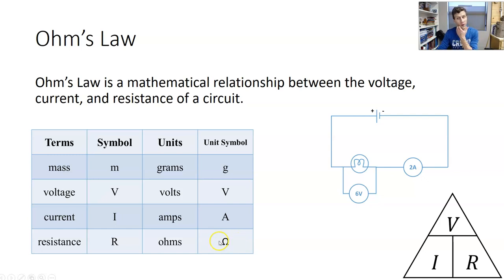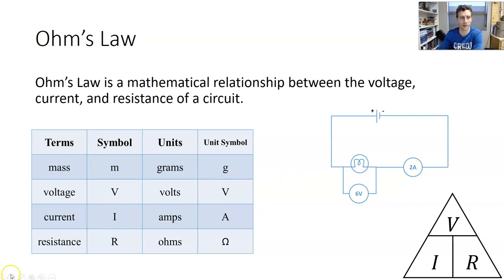So, if we are trying to find the voltage across a light bulb like this, we can set up a voltmeter. And it could read 6V, which means 6 volts. And here 2A. A is amps, which is a measure of current.